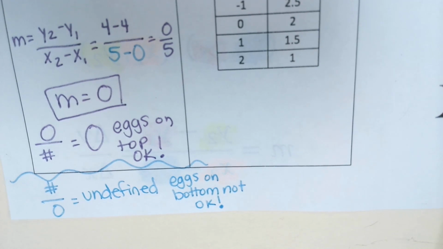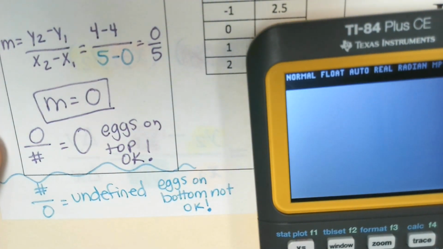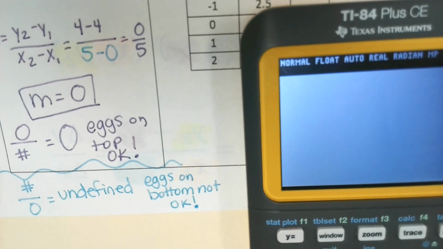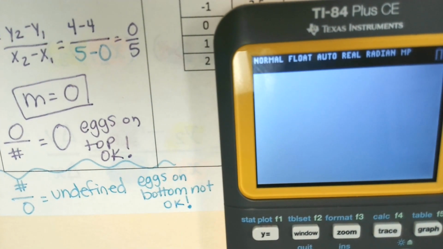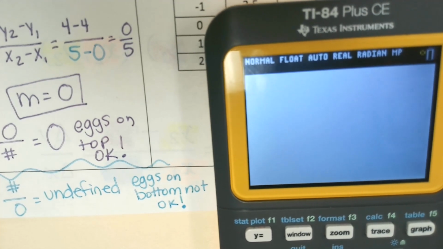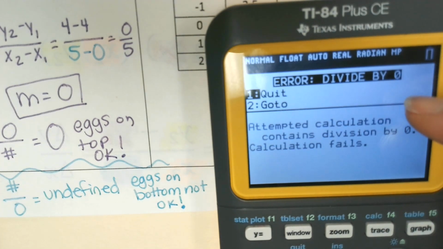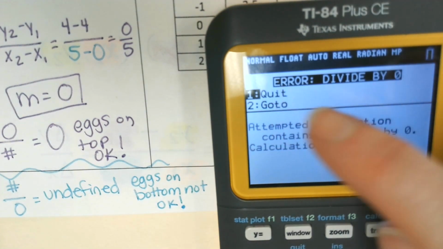And I'll show you what it looks like in the calculator too. So let's say I do 5 over 0. Look at what it does. It gives us an error, and it says divide by 0. You can quit or go to.